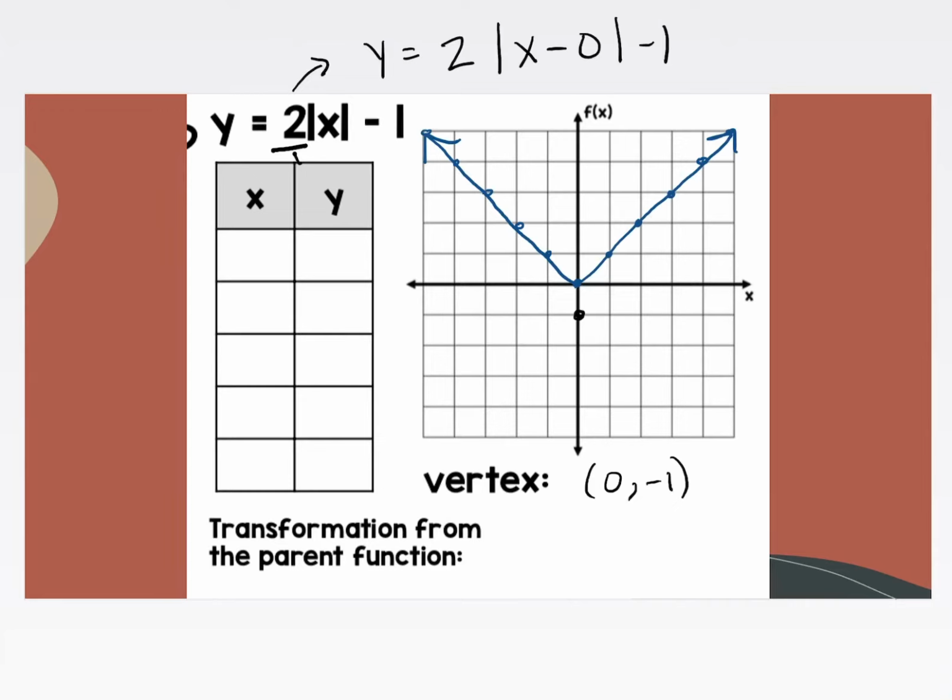And from that, we can also see that it is shifted down 1 unit, so we can add that in order to get to our vertex. And then we also notice that we have this 2 right here. So this is where we have a stretch by a factor of 2.